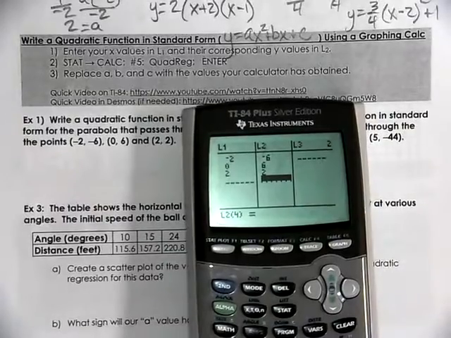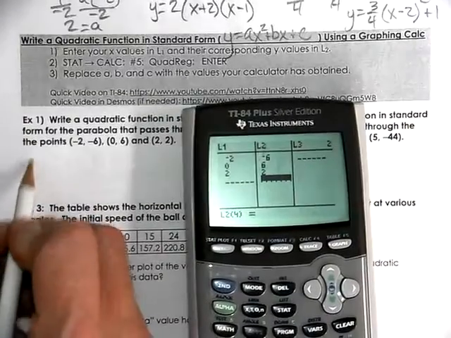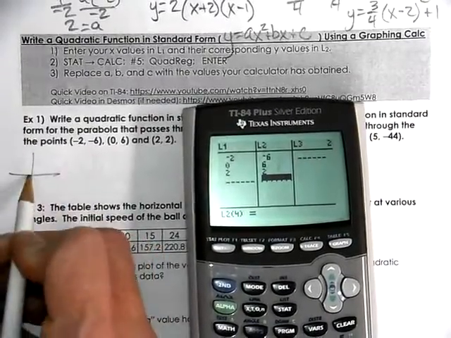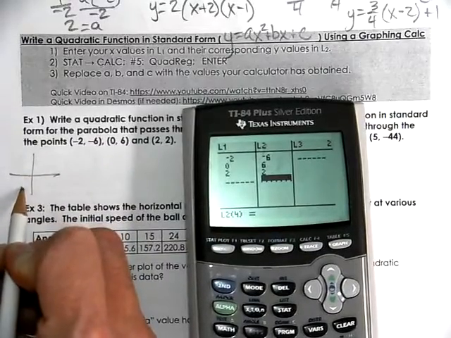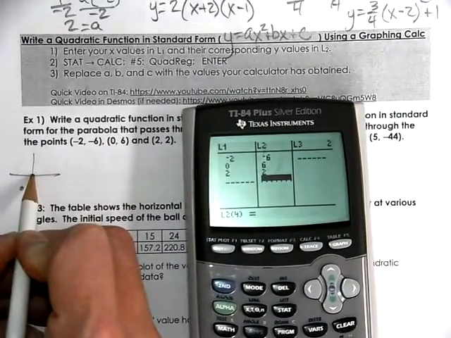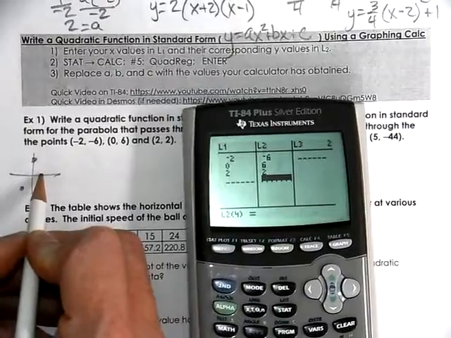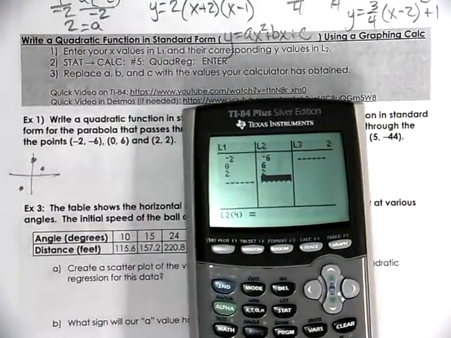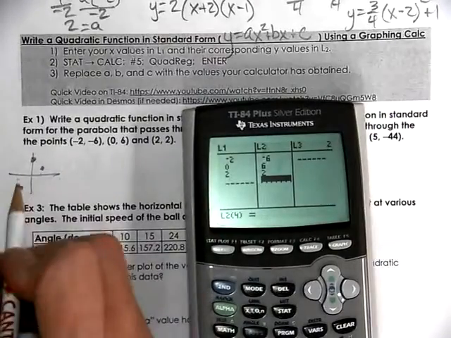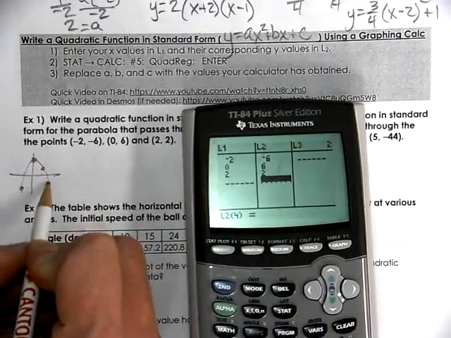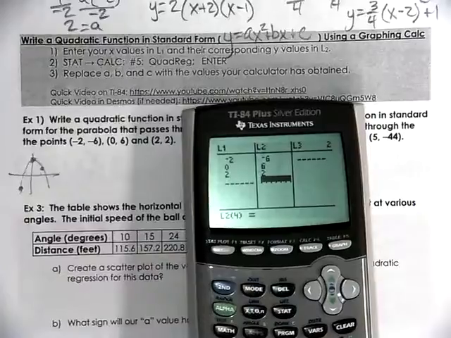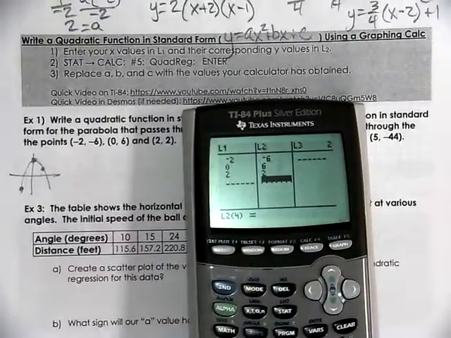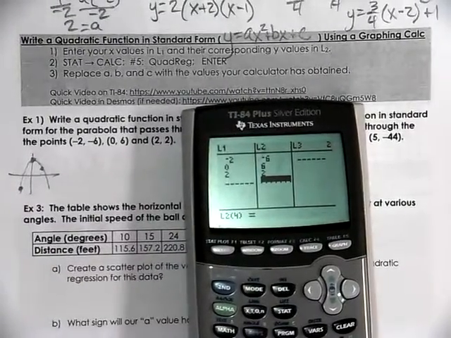If we got creative, we could talk about where these points fall on a graph of (-2, -6), (0, 6), and (2, 2). Can you make a parabola out of that? Well, it definitely looks like the parabola would have to do something like so. It looks like my a is going to be negative, but let's find out.